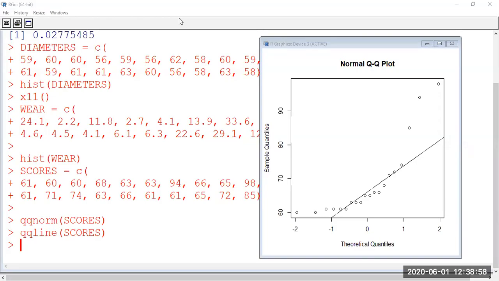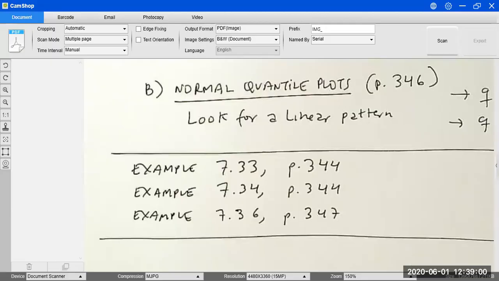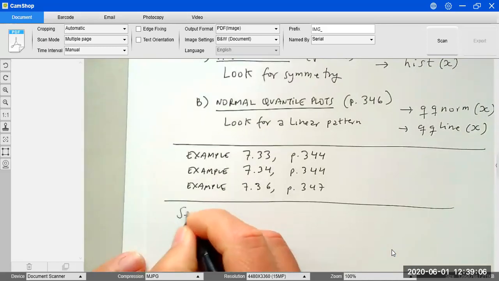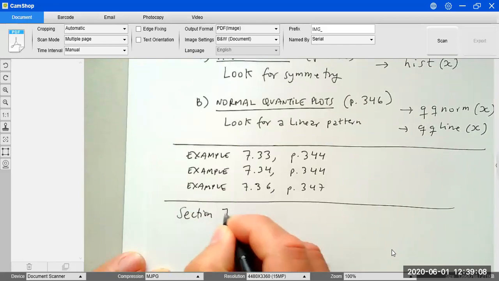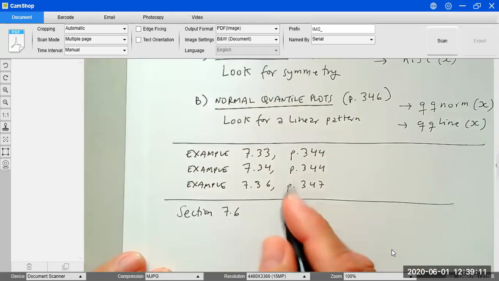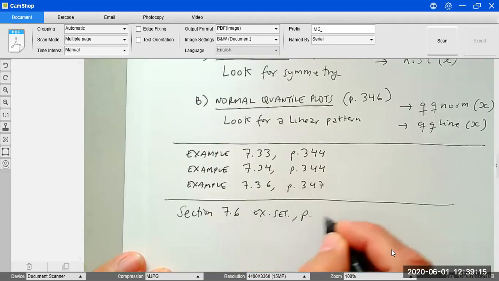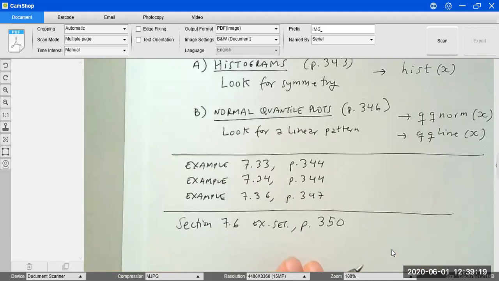You're going to need to look at section 7.6, the exercise set on page 350.